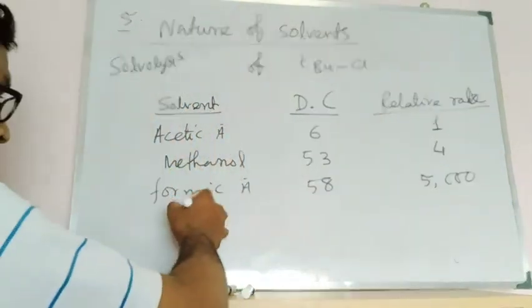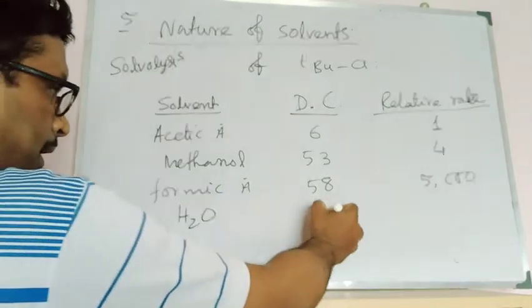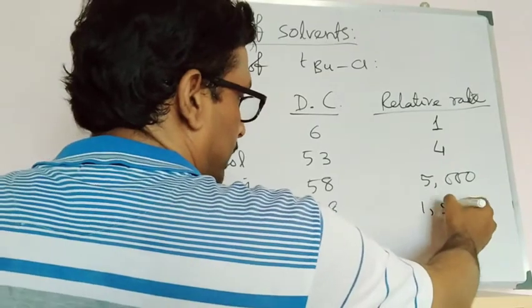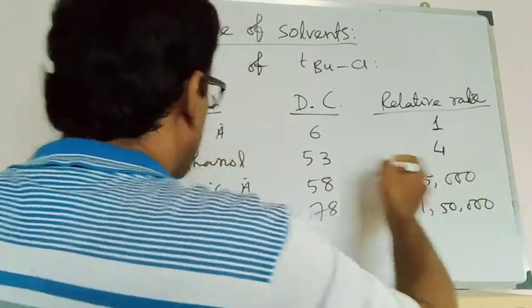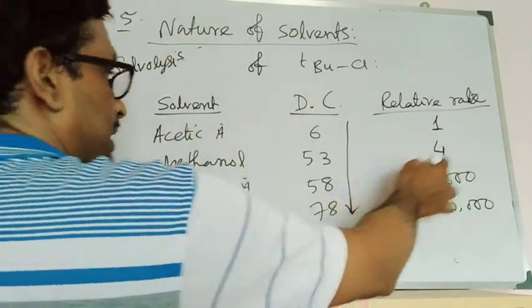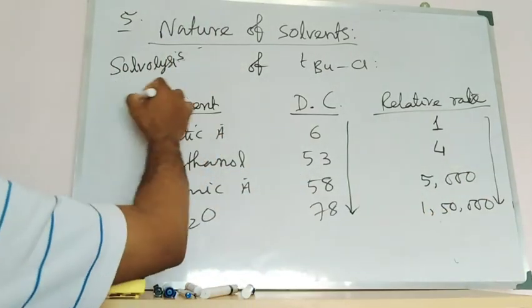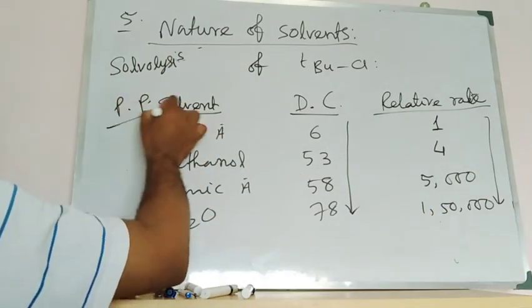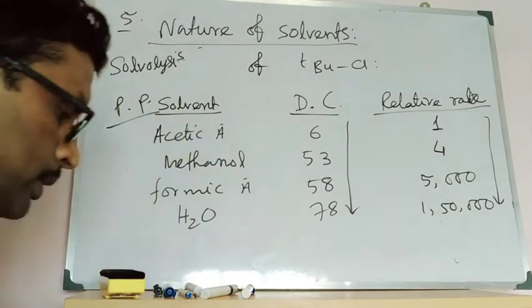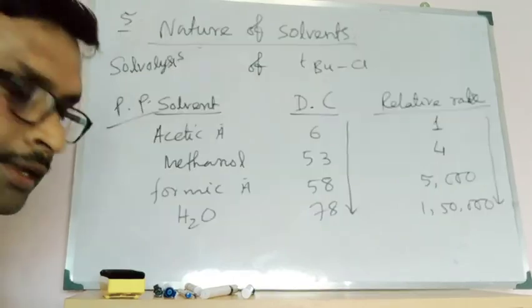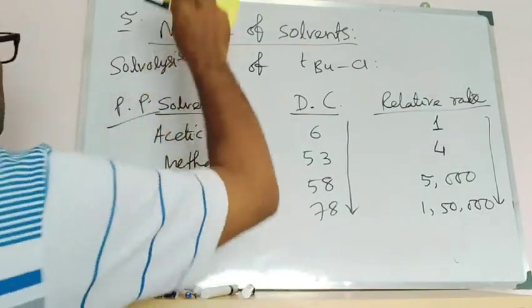And if this one is water, its dielectric constant is 78, and the relative rate of this reaction increases further. So as the dielectric constant increases, the relative rate of the reaction increases. All of these are polar protic solvents, yes or no? All of these are polar protic solvents. So by this way we can explain how the SN1 reaction depends on the solvent.